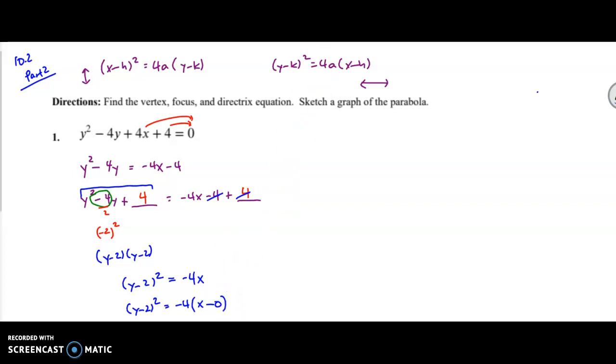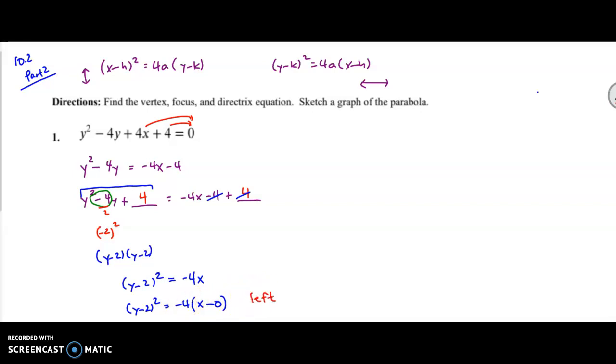We want to write it like that because it's going to tell us some information. This is y squared, so we know it's going to open left or right. The negative tells us that this is going to open left.